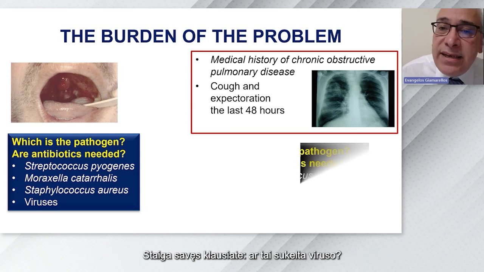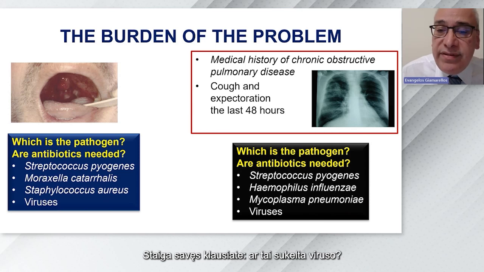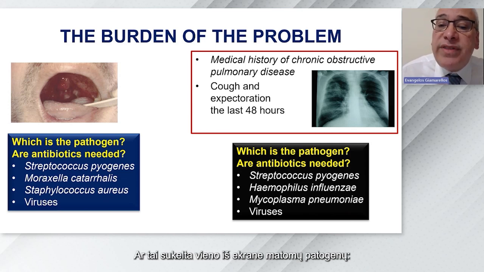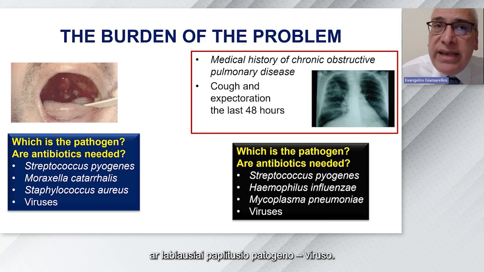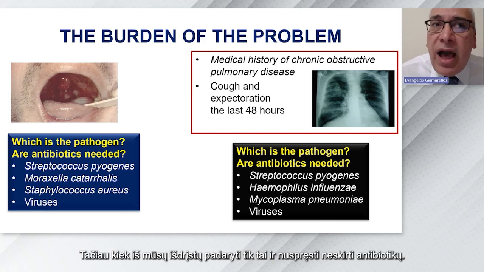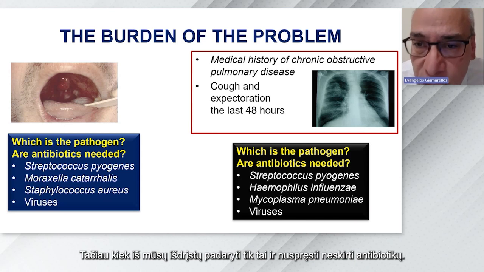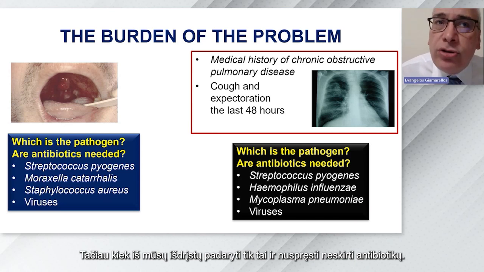All of a sudden, you ask yourself, is this viral? Is it one of these pathogens which you can see on the screen, Streptococcus pyogenes, Haemophilus influenzae, Mycoplasma pneumoniae, or is it the most common pathogen, which is a virus? However, how many of us would have the daring to decide not to prescribe antibiotics based only on that?